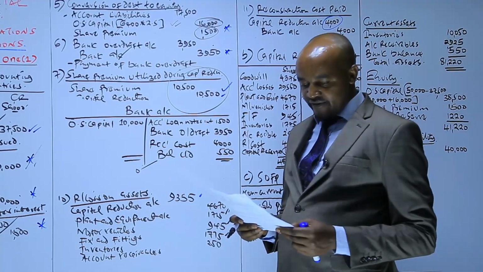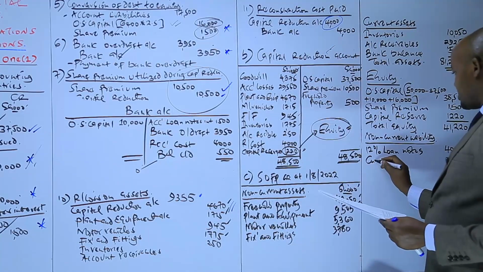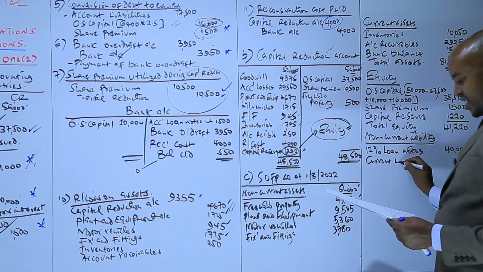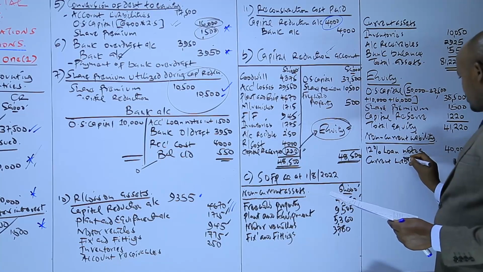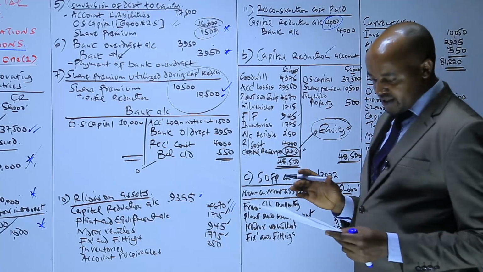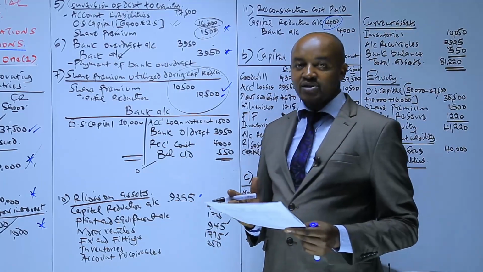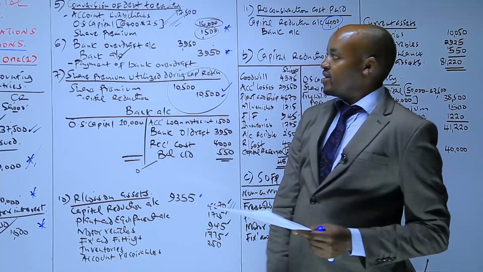And then from there we have the current liabilities. Now the current liabilities, we have two items of current liabilities, one is the account payables. This is the amount of money which was owed to the suppliers. We know that amount was paid by the company in terms of issuing the ordinary shares.